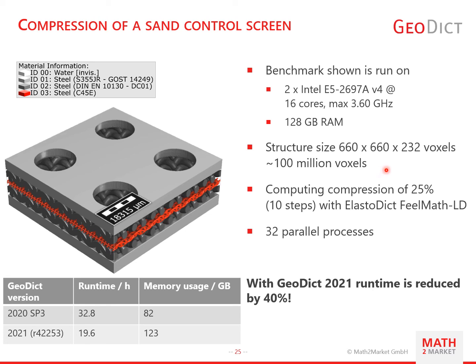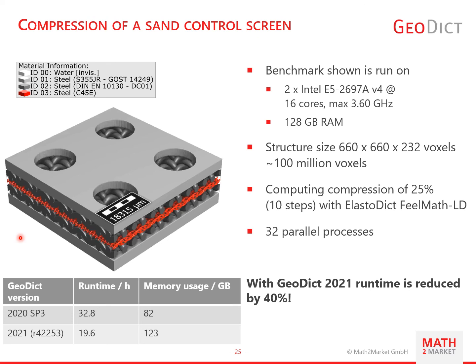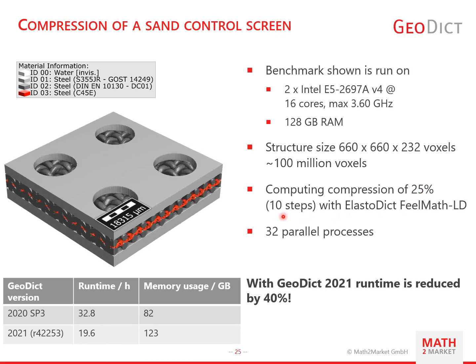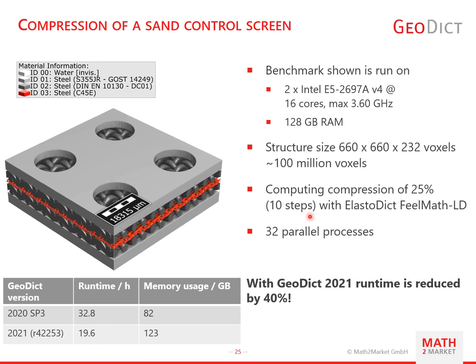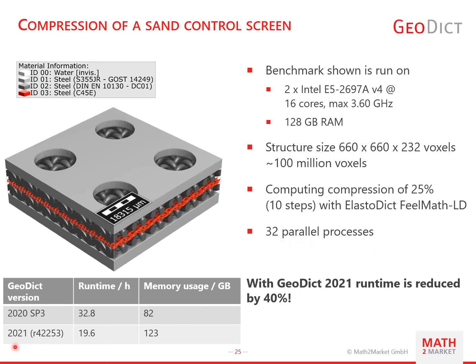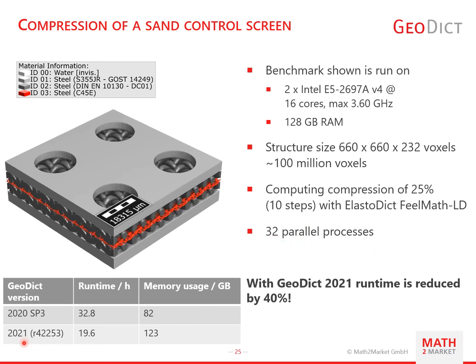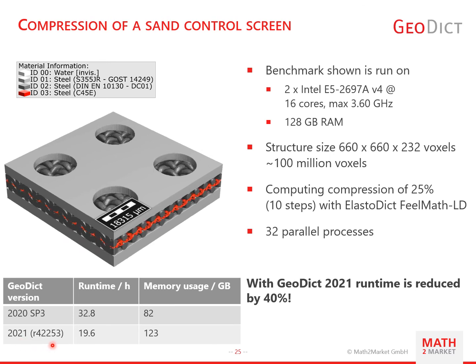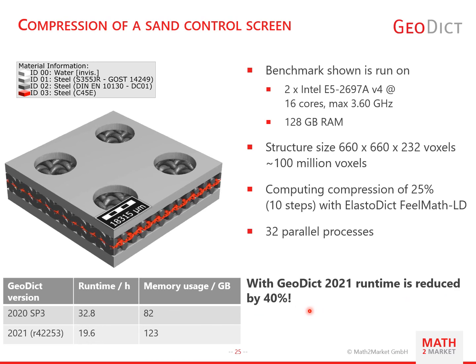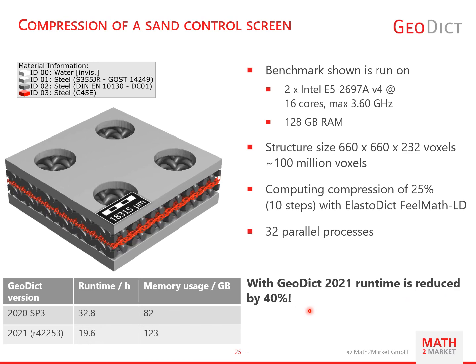So by running the compression simulations with ElastoDict FeelMatLD up to a compression of 25% at 10 steps with 32 parallel processes, we can see that having the GeoDict 2021 version, the runtime is reduced by 40%, which is considerably faster.